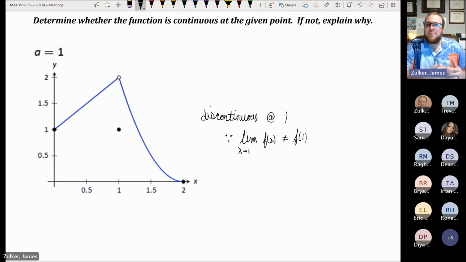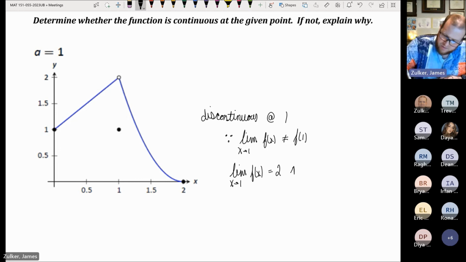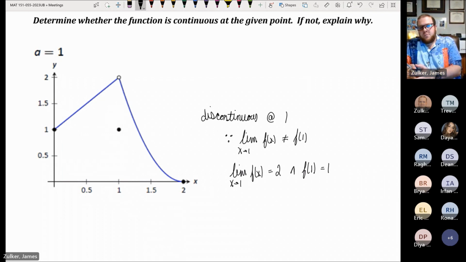You know, we can get even more specific. The limit is 2, right? But f of 1 is 1. So clearly discontinuous.